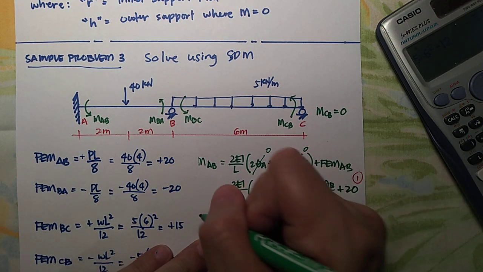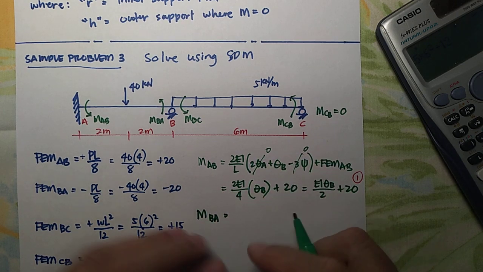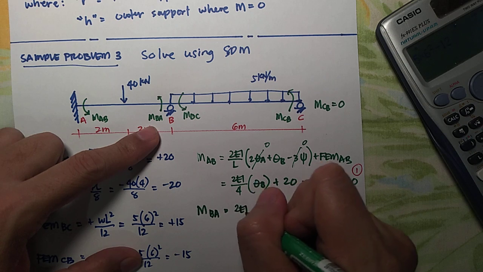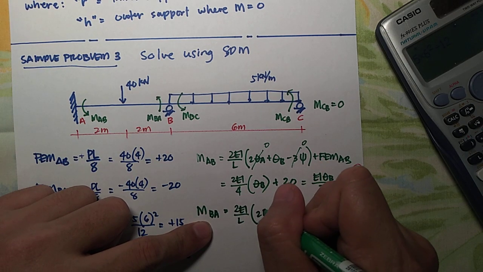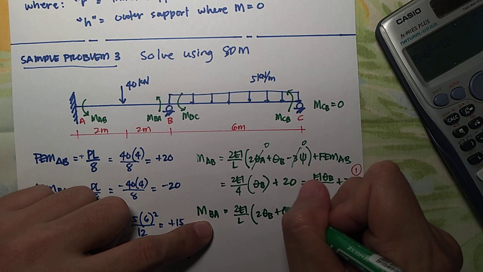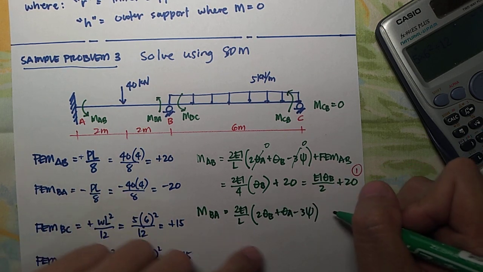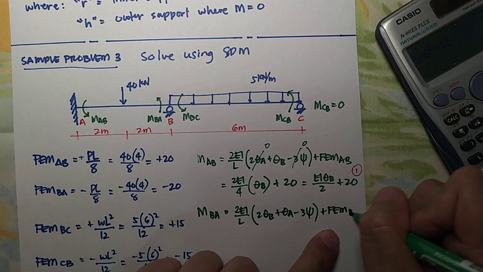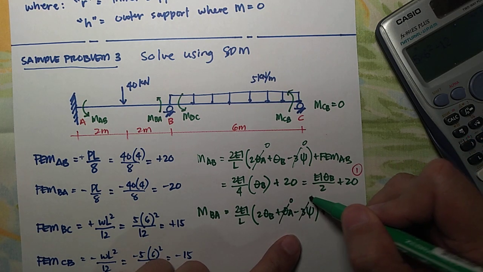Okay, now next, what about for MBA? For MBA, it's again 2EI over L times twice theta B plus theta A minus 3 psi plus the fixed end moment on BA. Again, theta A is 0, deflection here is 0.